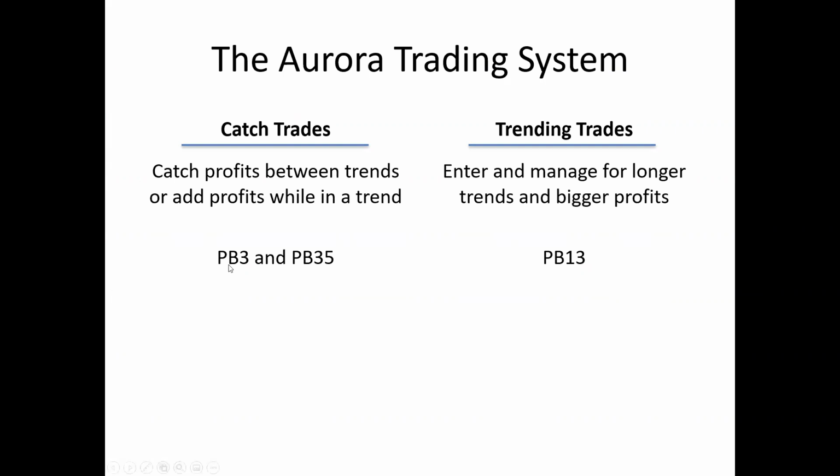Pb35s and Pb3s are catch trades. They are a system design that allows us to capture profits either between trends or perhaps add profits while in a trend. And then the Pb13 signal is a trending trade.